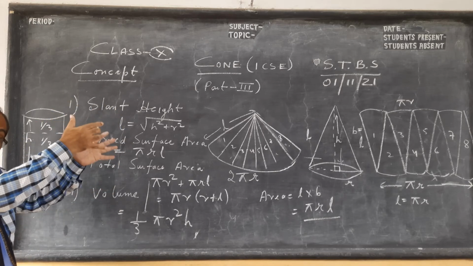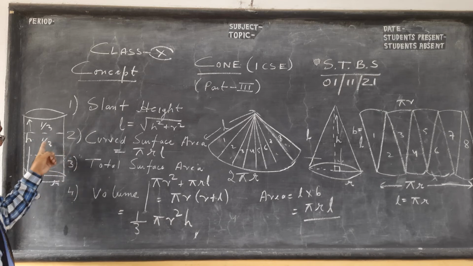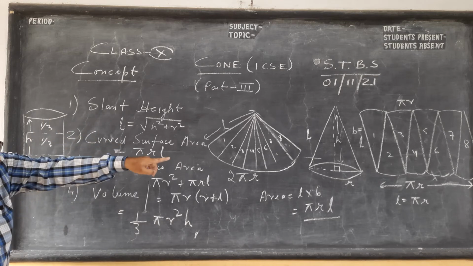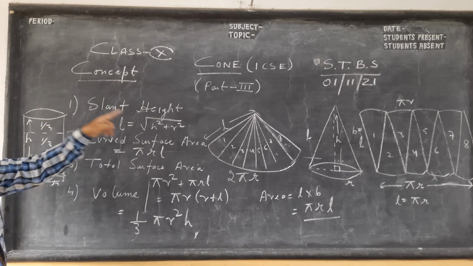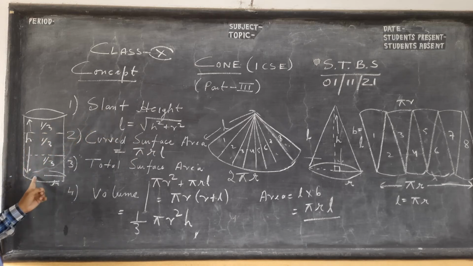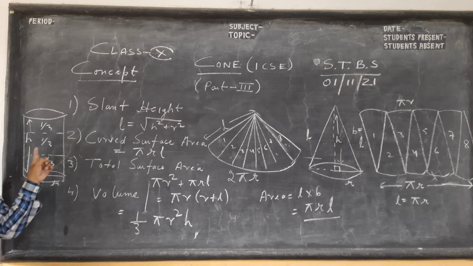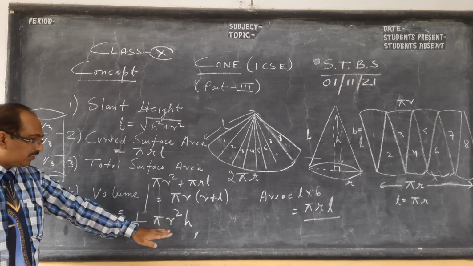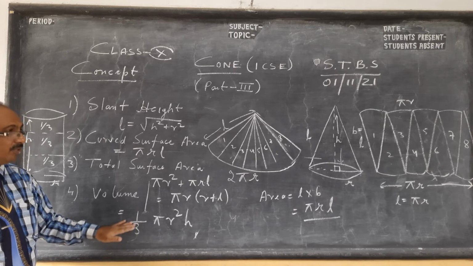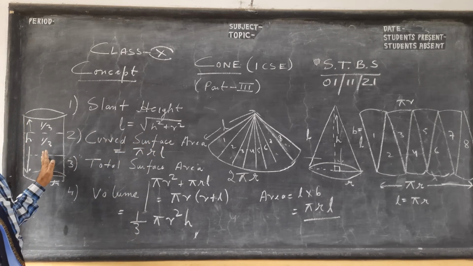Volume is the space occupied, so it will fill 2/3. Means you need 3 times this to fill here, either water or sand, and then it will be full. Means a cylinder with the same radius and same height as that of the cone is thrice the volume of a cone. So just the opposite, the volume of the cone will be 1/3 of the volume of the cylinder with the same radius and height.